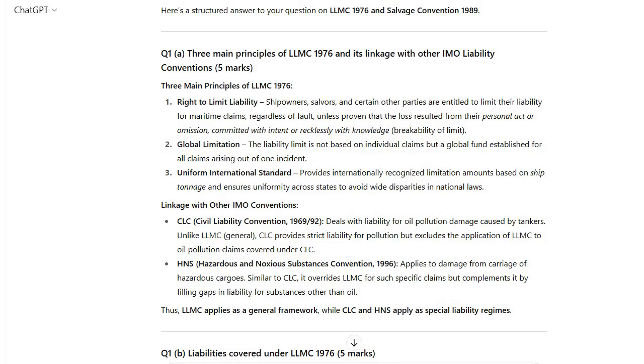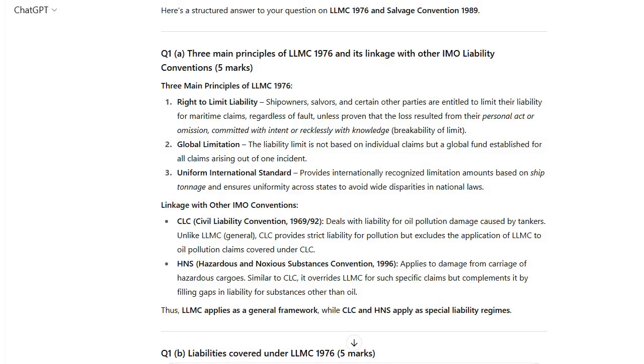Tankers are expected to cause a large scale amount of pollution. That is why this has come in place. Unlike LLMC, which is quite general in nature, CLC provides strict liability for pollution but excludes the applicability of LLMC to oil pollution claims covered under CLC. Okay, so there is no duplication of claim, right?